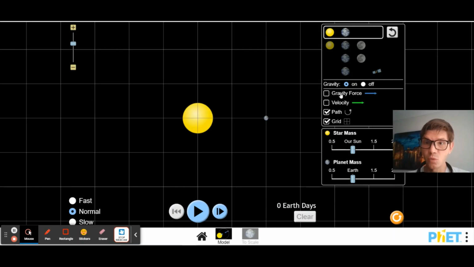Now, first off, when looking at the force of gravity, one thing to remember is Newton's law of equal and opposite forces. A lot of times we say that the sun has a gravitational pull and it pulls on the planets and keeps them in orbit. In reality, both of these objects are pulling on each other with an equal amount of force.